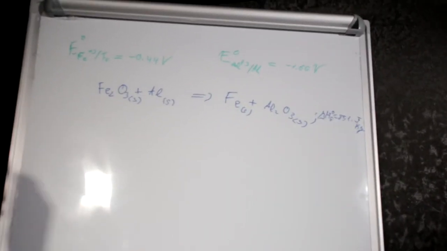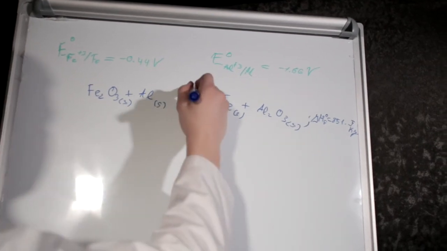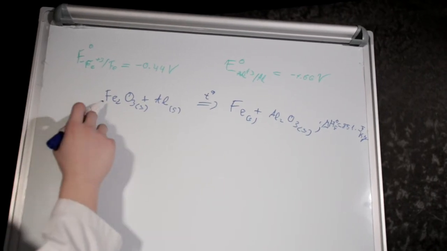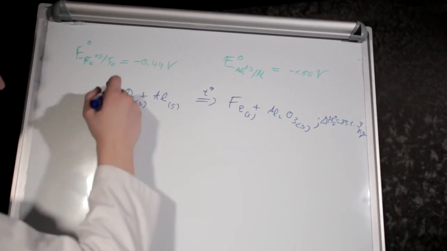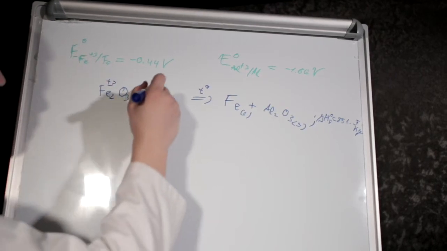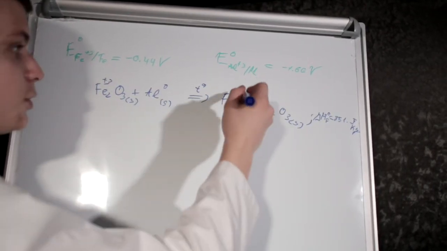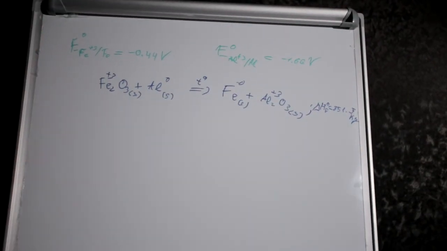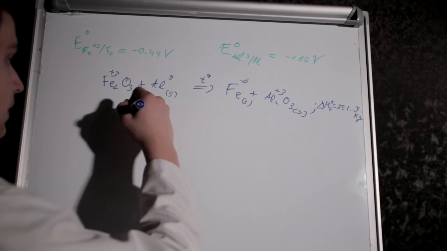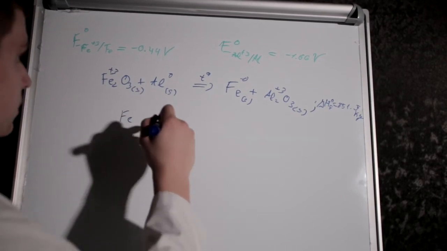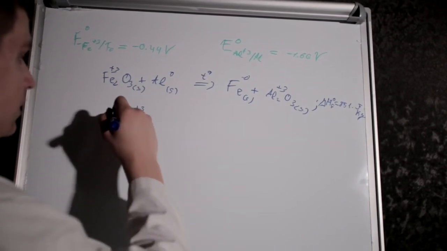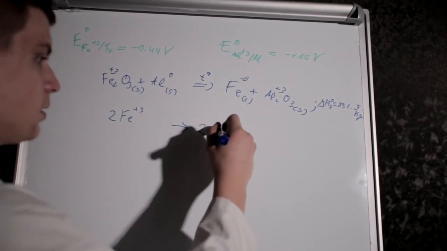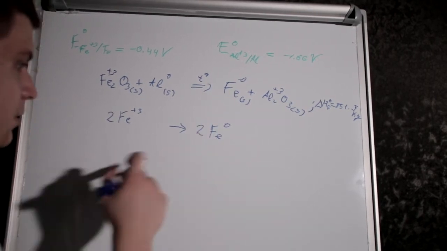And let's see the redox equation. So it is at a high temperature, of course, to ignite the reaction. Then iron from the +3 ion and aluminum from the 0 changed to iron 0 and aluminum +3. So iron from +3 changed to iron 0.